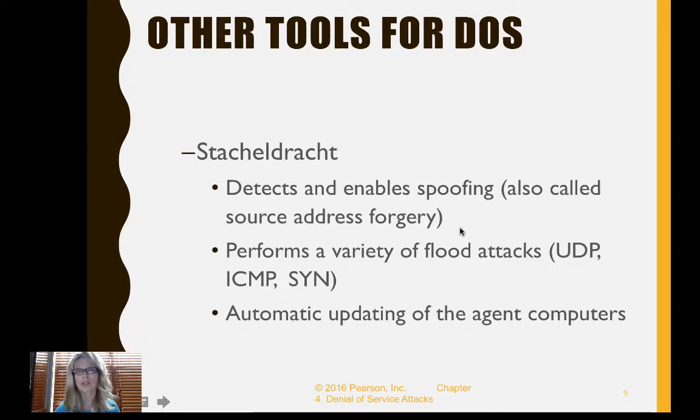So if you ever hear that term, just know it's spoofing. But this one too can perform a variety of attacks with different protocols, and that's what I mean by a variety of flood attacks. Remember, protocols: FTP is a protocol, email is a protocol, TCP/IP is a protocol. So it can do many of these, and it can automatically update those slave or agent computers to do other things. So this tool can kind of adapt a little bit.